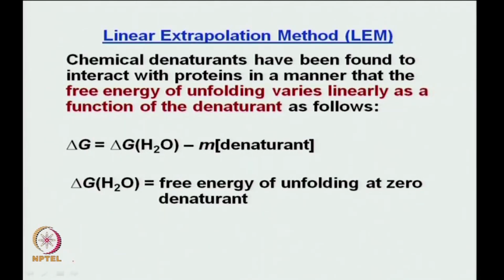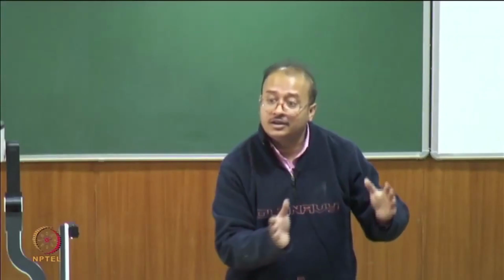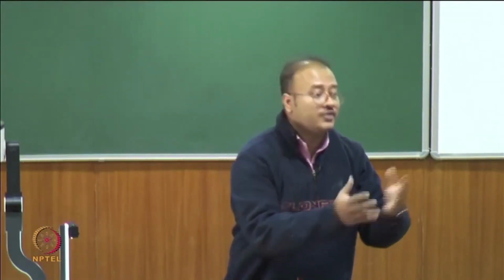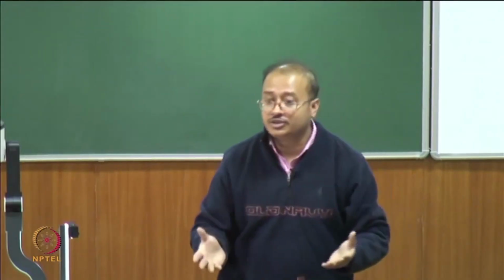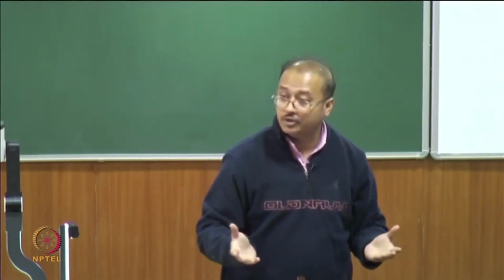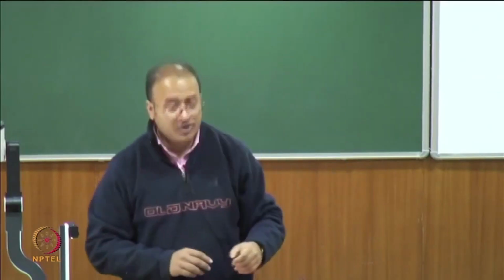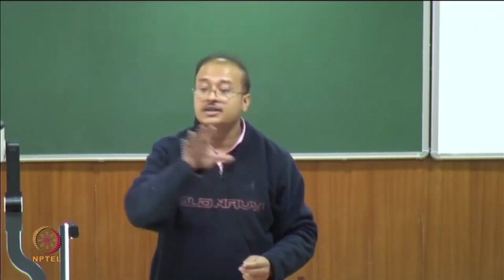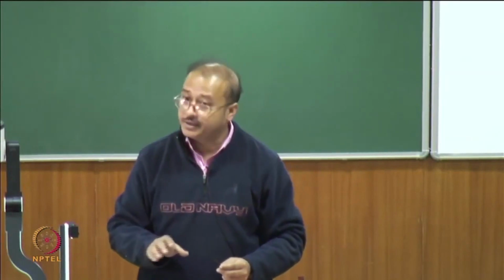So, that is what people do. You have to extrapolate it, because under the native conditions your delta G is very hard to get, and obviously if your denaturant concentration is 0, what delta G are you talking about? Okay. So, this is the basic premise, or this is the basic hypothesis on which this linear extrapolation method is based.